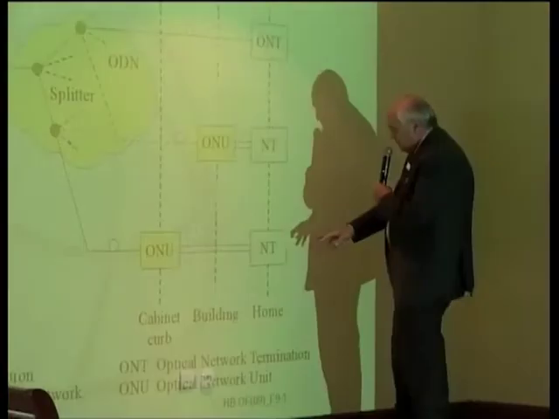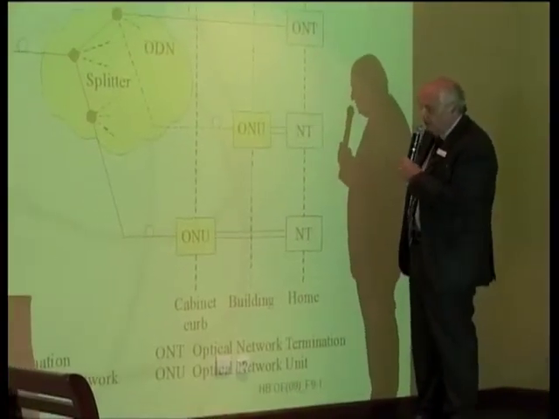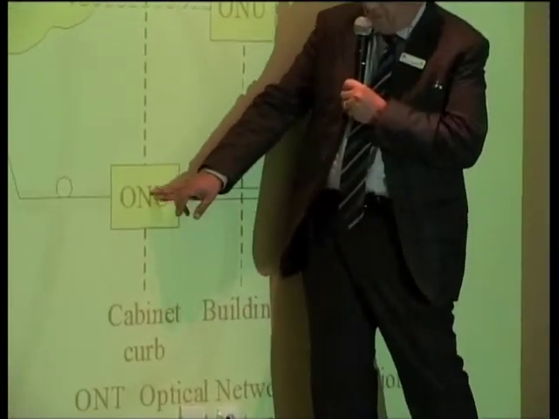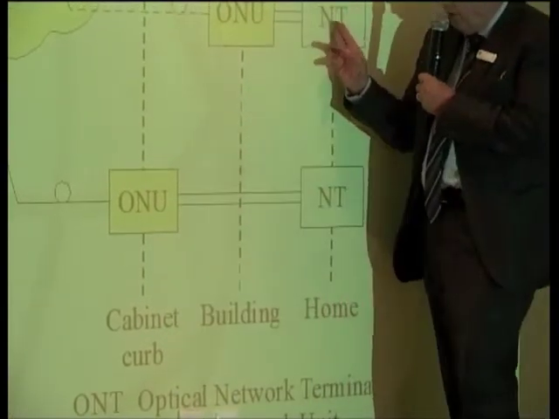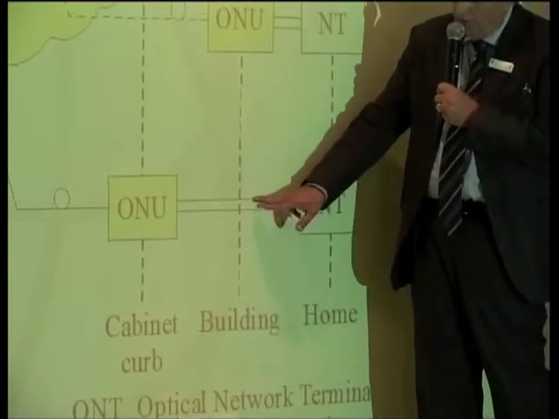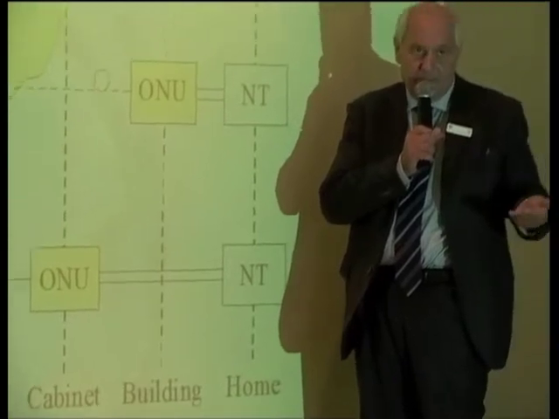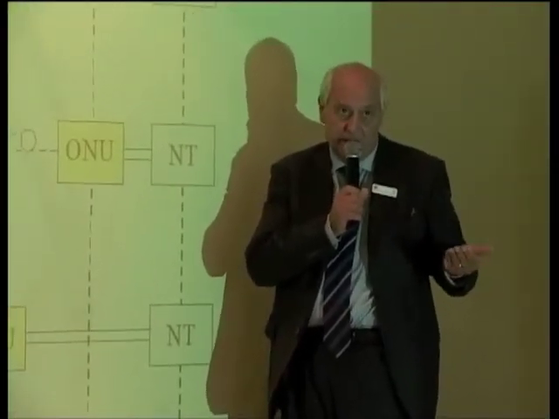Here we have the home of the customers, and the last drop from the optical network unit to the home is normally obtained by means of copper pairs, existing copper pairs.